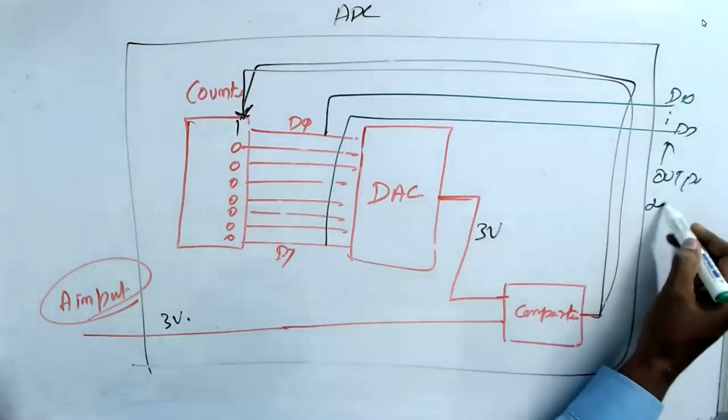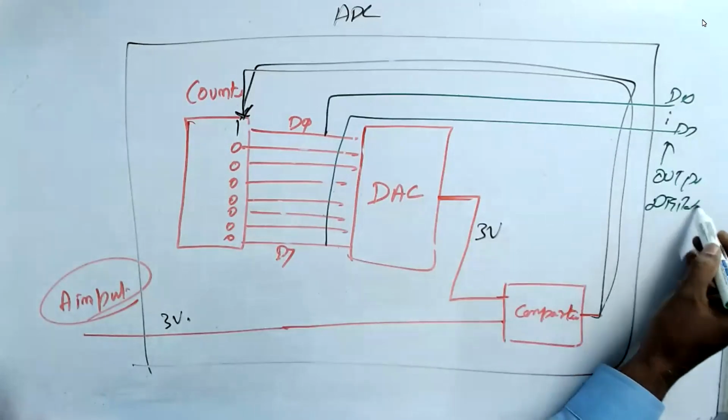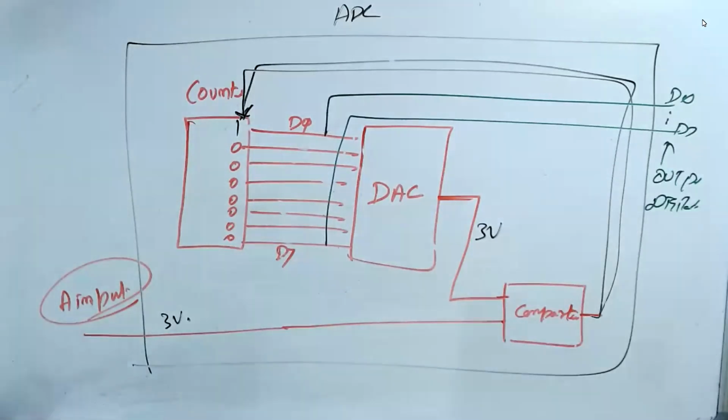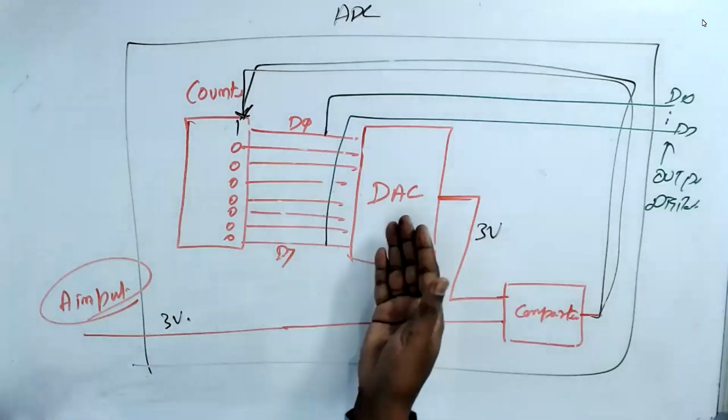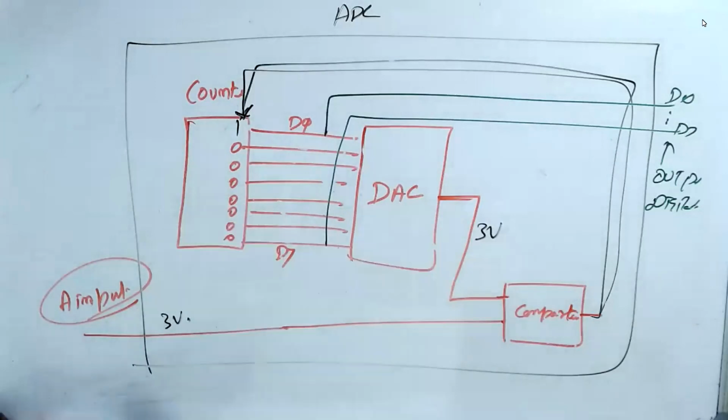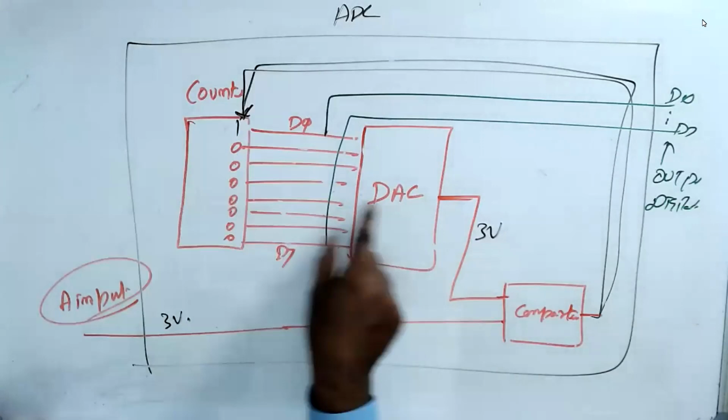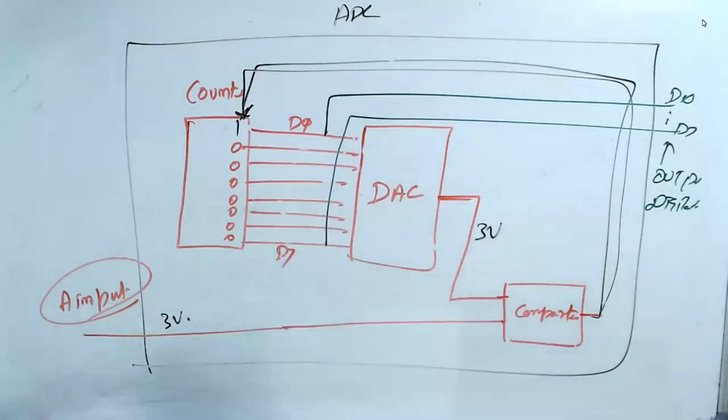So do you understand now what ADC is? ADC is nothing but a DAC with a counter. I keep on counting until one voltage, this voltage and this become the same. Then that comes out.